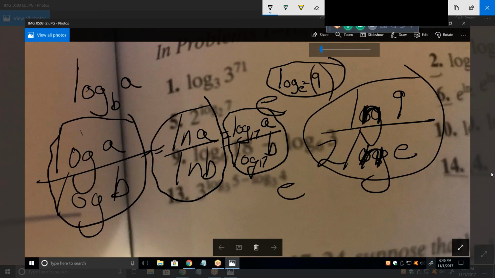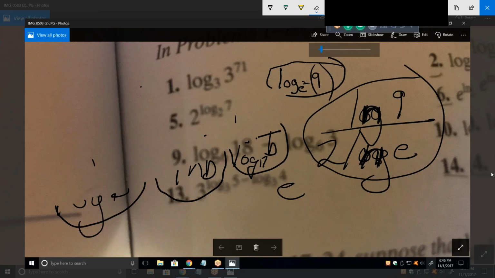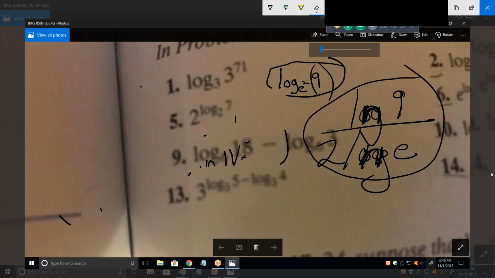Let me erase all of this over here on the left so that I have room to write. Wait, so is it just the natural log of 9 over 2?